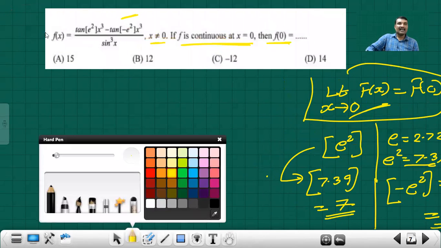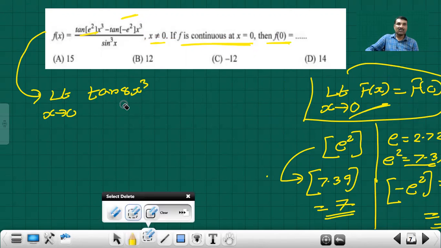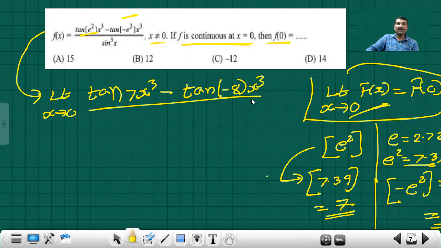So we can write this function as limit x tends to 0, tan of 7x cube minus tan of minus 8 into x cube, divided by sine cube x.